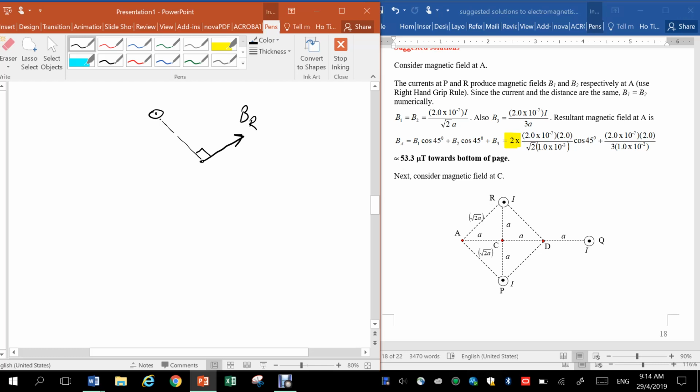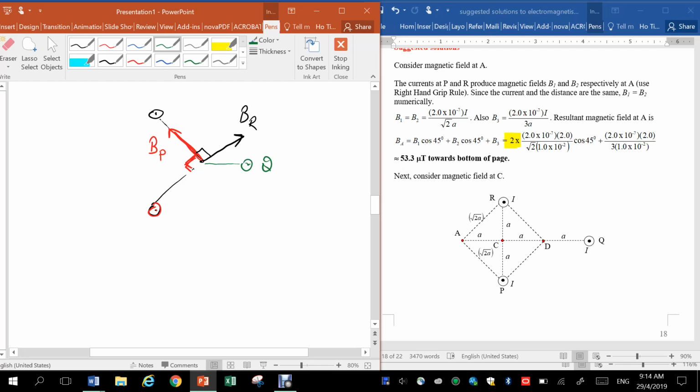Due to P, P is down here. Let's check it. Perpendicular to the radius. This way. Magnitude is the same as R. Right. And next is Q. Q is also a distance of A away. Oh, so all three of them are distance of A away, so that's nice.